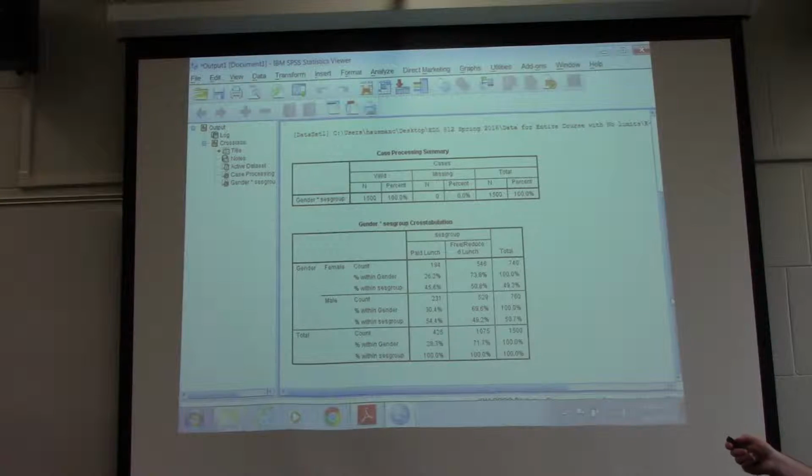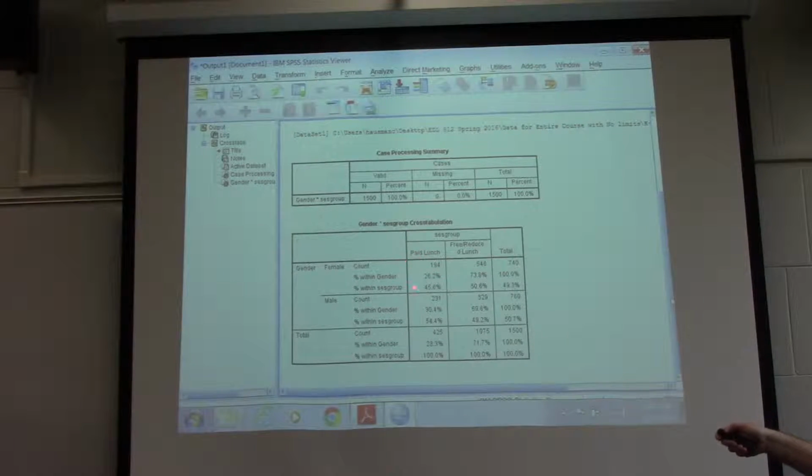So I have two variables, paid lunch or free reduced lunch, that we've called SES group, and then I have gender, female or male. I've just basically said, cross those, form a 2x2 table. That's a crosstab. And the most critical thing to be able to do, and this is a little bit tricky, is to interpret these different numbers.